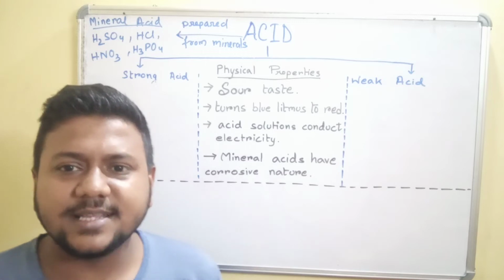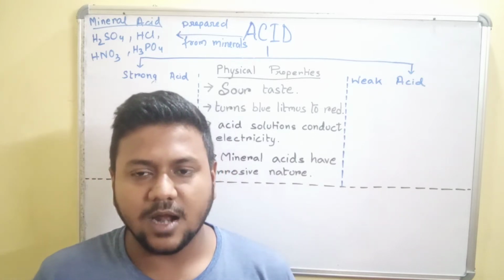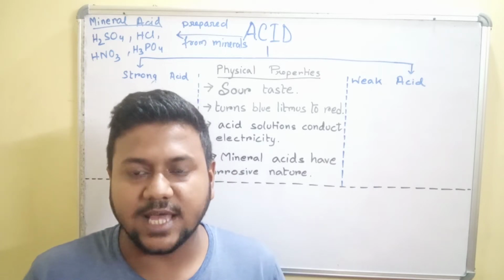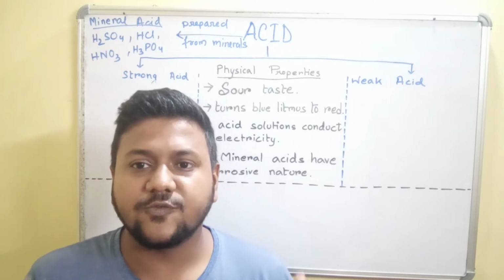Now there are several acids that are obtained from living organisms, either plants or animals. Like tomato gives us oxalic acid, lemon gives us citric acid, and ant stings give us formic acid.